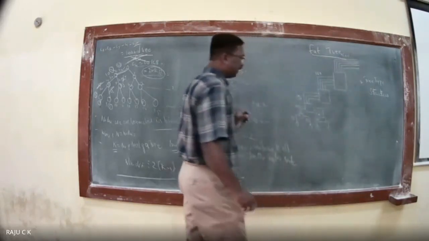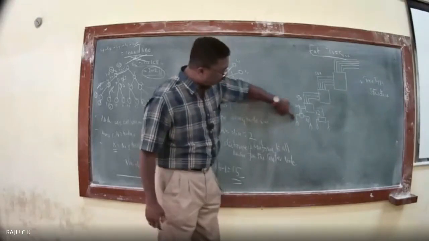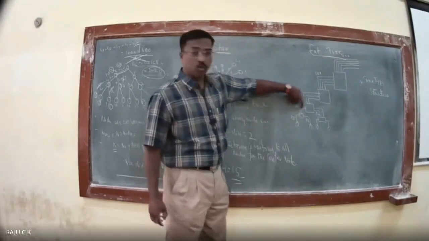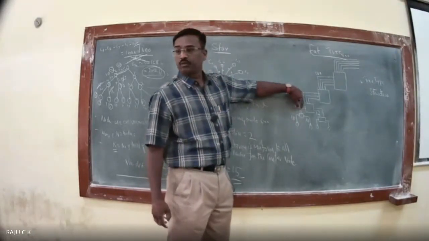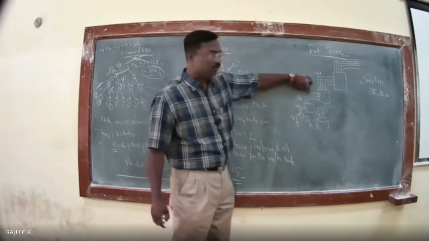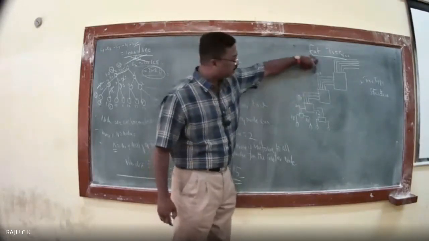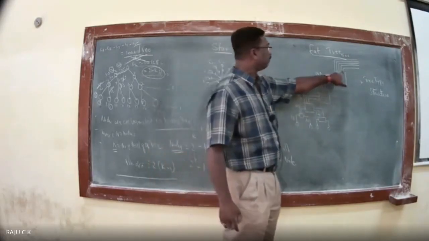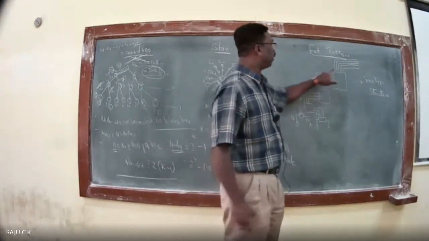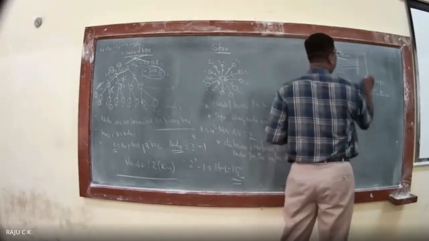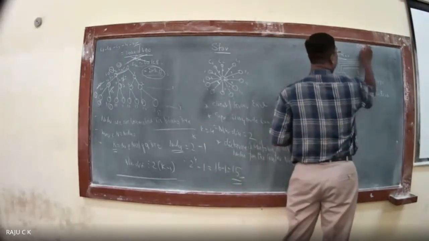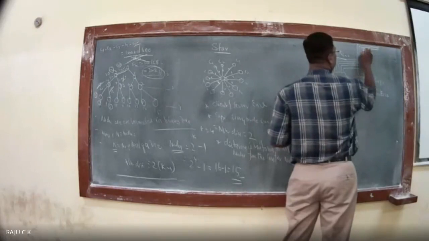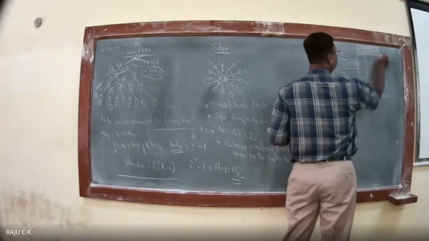So you can see here only one link is there. Here 2 links are there. Here you can see 3 links, here 4: 1, 2, 3, 4 links. Here 1, 2, 3, 4, 5. Next, if you're going for a higher version, 1, 2, 3, 4, 5, 6.